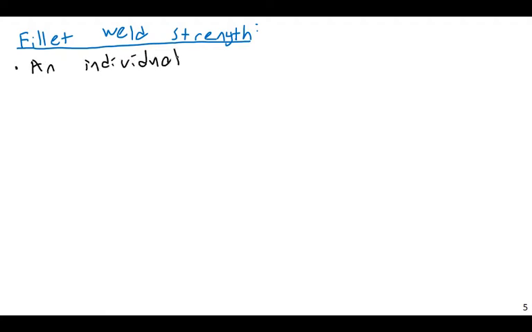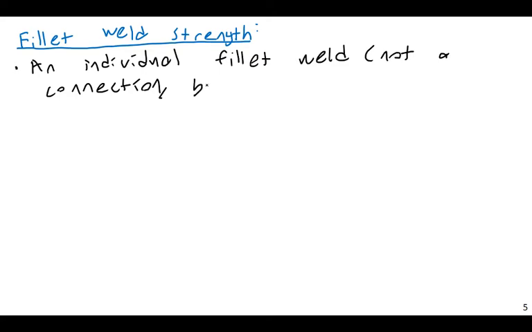So an individual fillet weld can fail in two ways. Now, this is not going to be the overall design capacity of a connection. I'm talking about just the welds themselves. An individual fillet weld, not a connection, can fail in two fundamental ways.